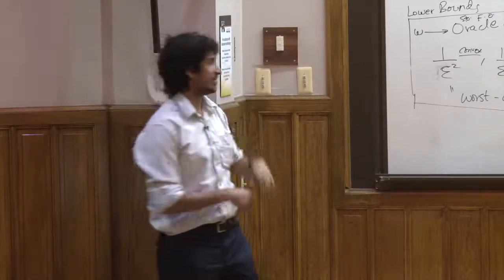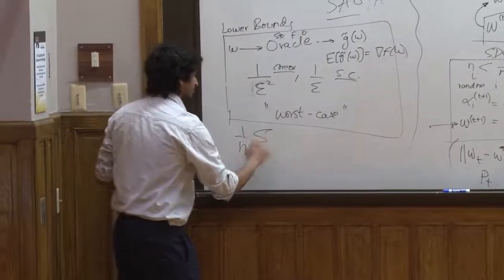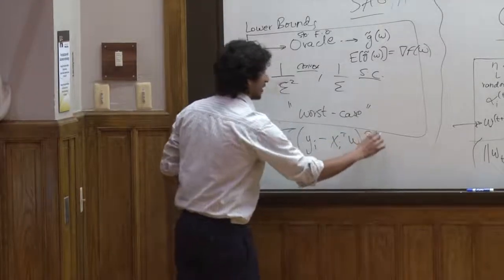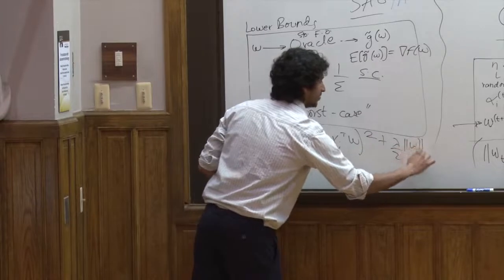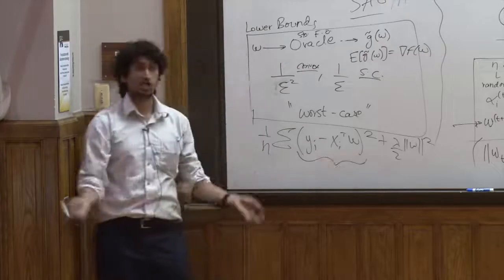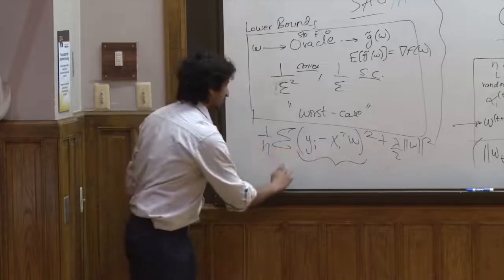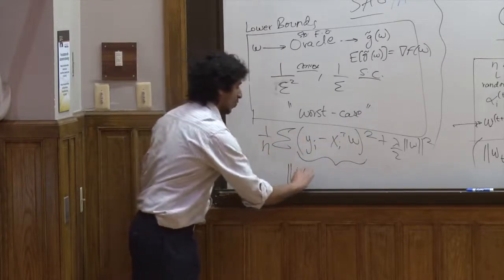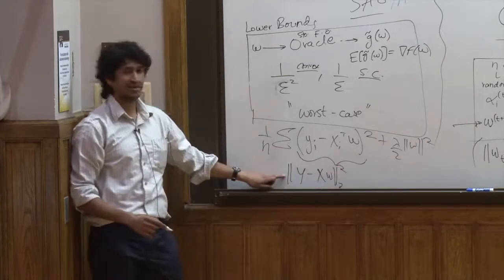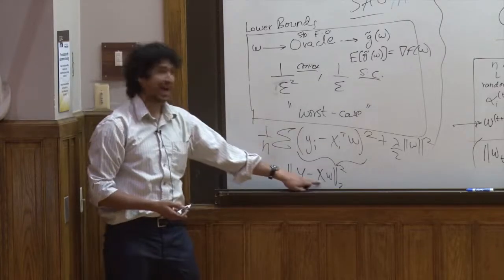Okay, the simplest example of that is least squares regression, where you're minimizing yi minus xi transpose w the whole squared plus lambda by 2 w squared. Now each of the functions fi is just one of these. It is not strongly convex. It is just a single one of these guys. But if I rewrite this as y minus x w the whole 2 norm squared, you'll remember that the strong convexity of this overall loss depends on the rank of x.